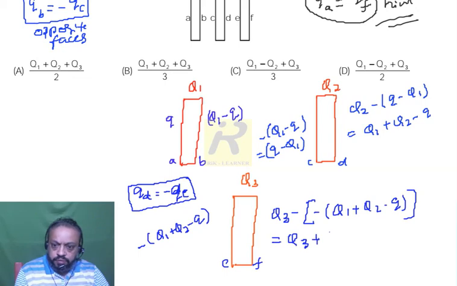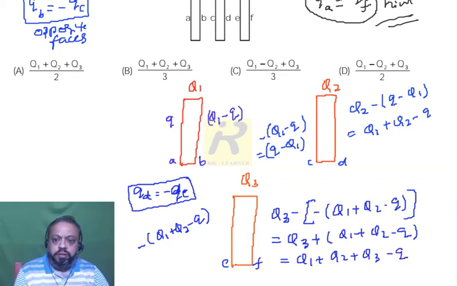It is Q3 plus Q1 plus Q2 minus Q. When you solve this, it will be Q1 plus Q2 plus Q3 minus Q. So this is the amount of charge on side F.